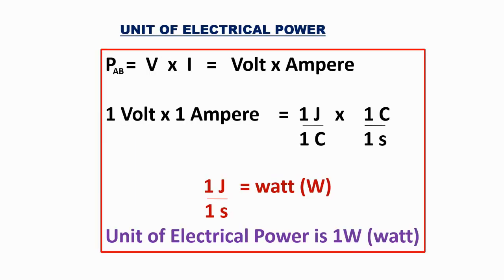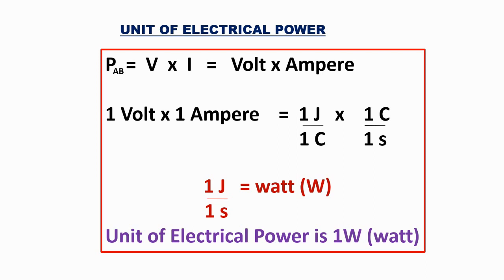Let us find out the unit of electrical power. The formula for electrical power, that is P, is VAB into I. V is the potential difference, and the unit of V is volt, and the unit of current is ampere. Also, the unit of V is joule upon coulomb, and that of current is coulomb upon second.